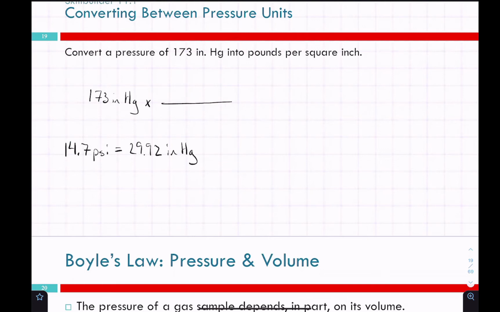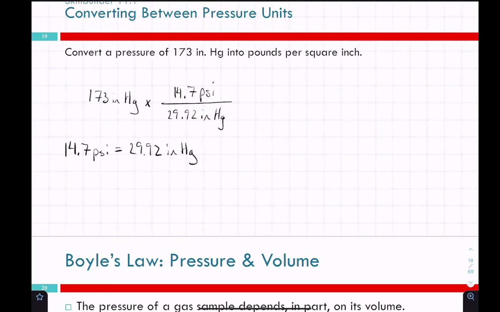And which unit goes on the bottom? So inches of mercury on the bottom, 14.7 psi on top, because then we get these units canceling out, inches of mercury.